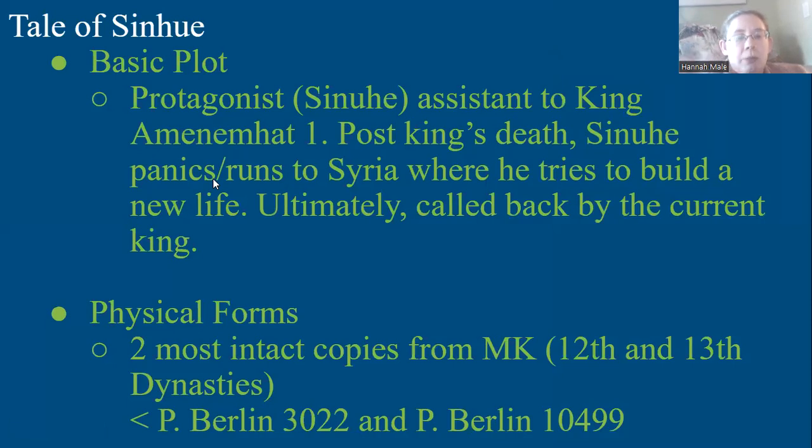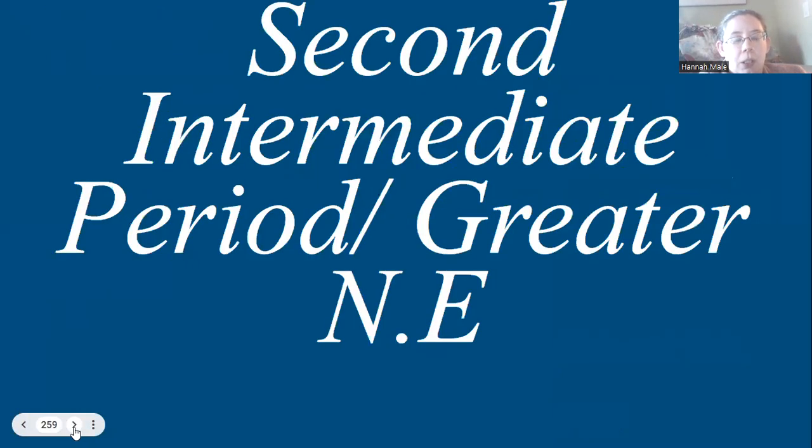And then one of the really famous narrative tales that seems to be first written down in the Middle Kingdom has been given the name the Tale of Sinuhe. And so this is just a little bit more about that narrative and some of its main themes. Okay.